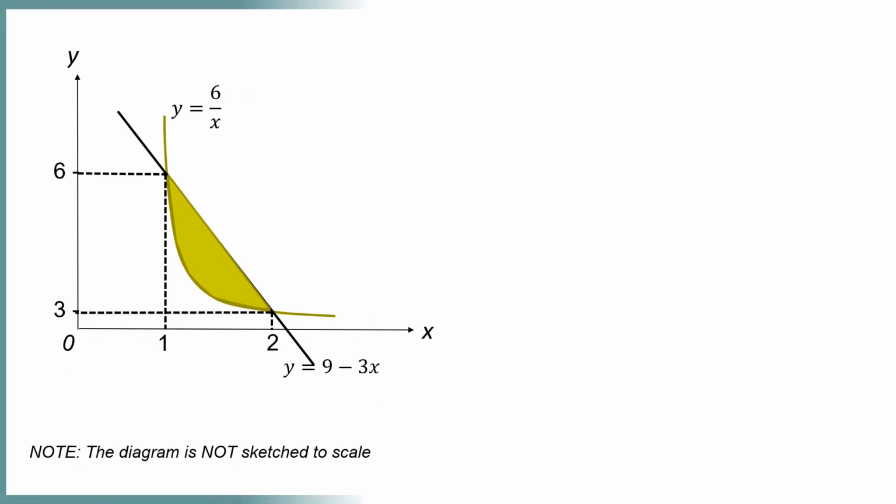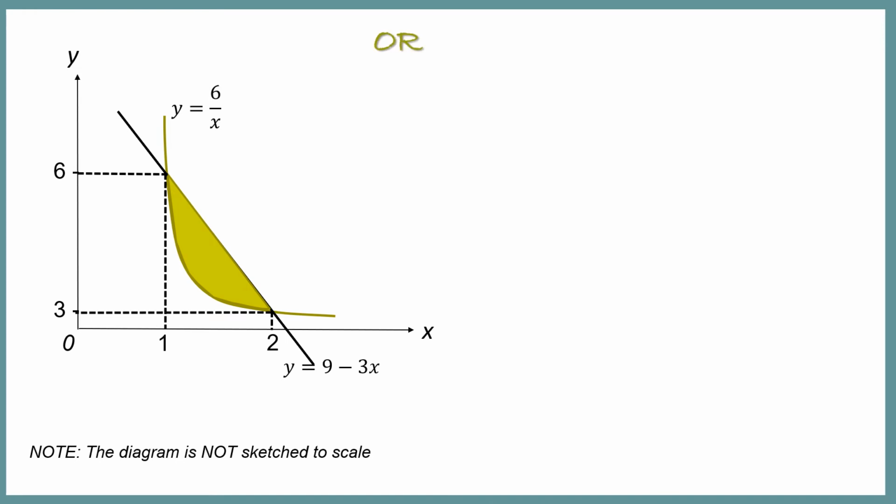Or we can find the area by integrating with respect to y. That is, the area inside the outer curve, which is the straight line, and has a shape of trapezium, but with width of 3 units, and the lengths of the parallel sides are 1 unit and 2 units respectively.